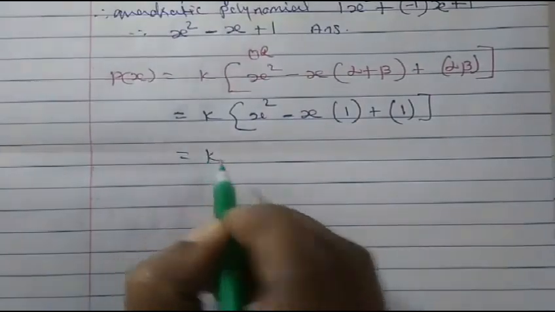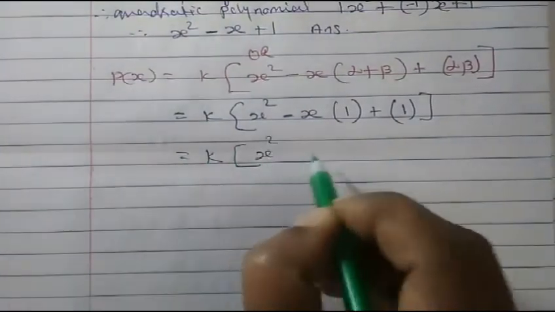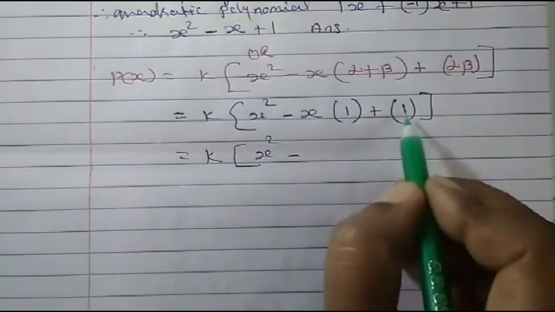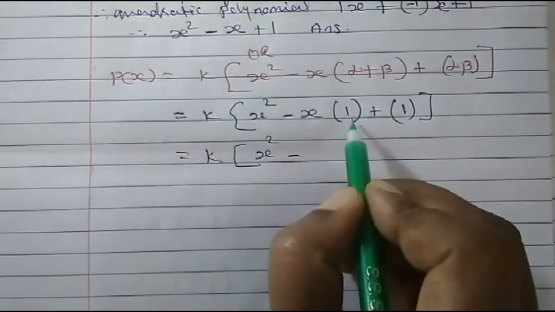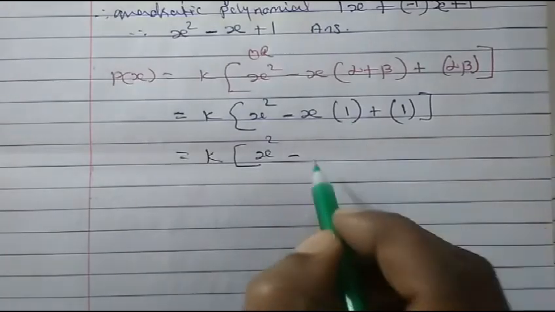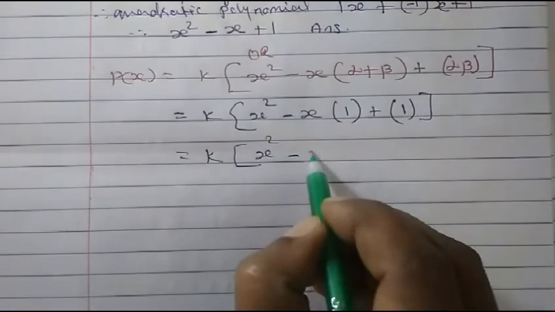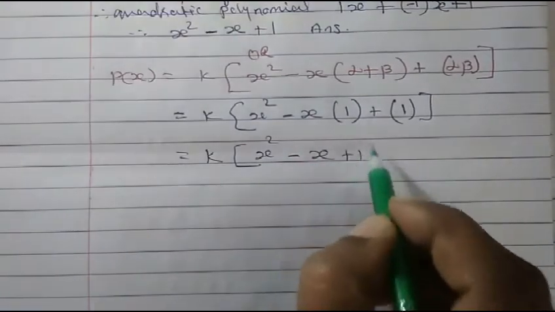So now x square minus x into 1 will be x, but minus is here, so minus x, then plus 1.